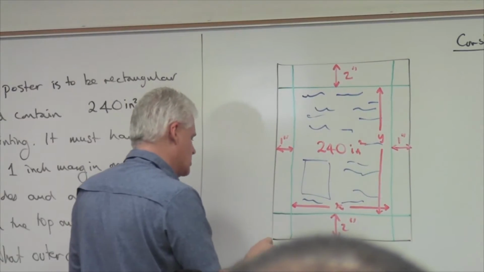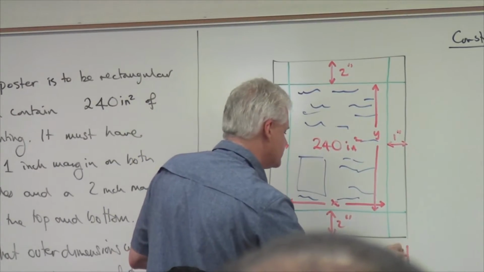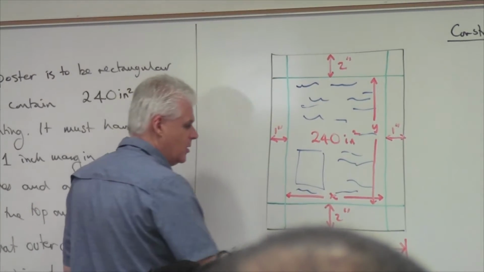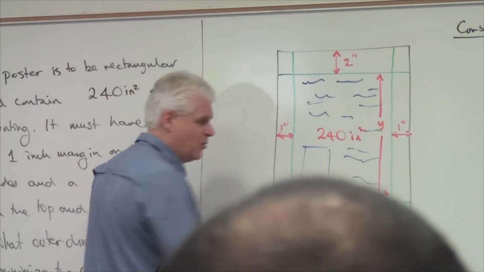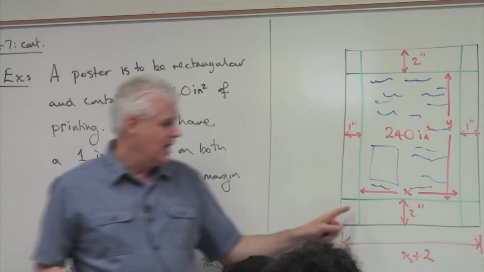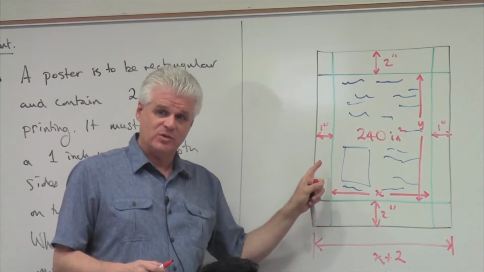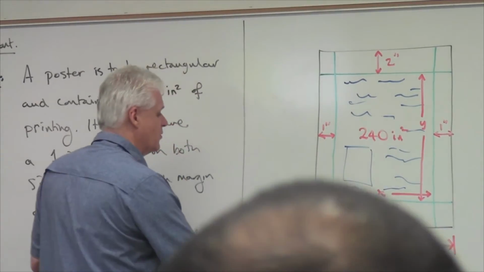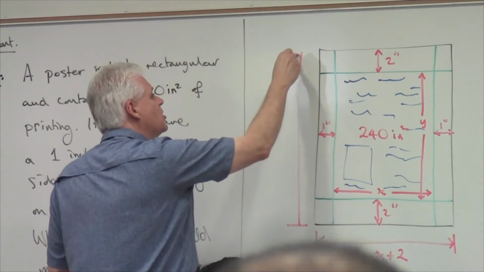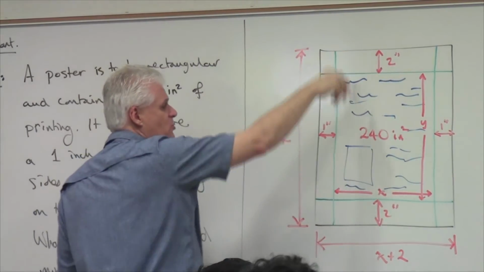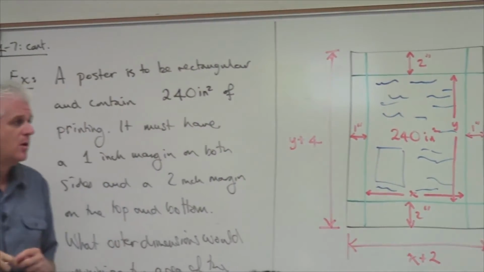So let's throw the net a little wider here. That is how long? x plus 2. Everyone agree with that? It's x plus a 1-inch margin on both ends. That's a total of x plus 2, isn't it? And then vertically, similar logic, that's y plus 4 because of those 2-inch margins on the top and bottom.